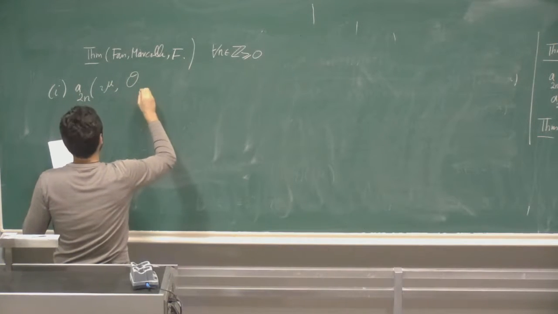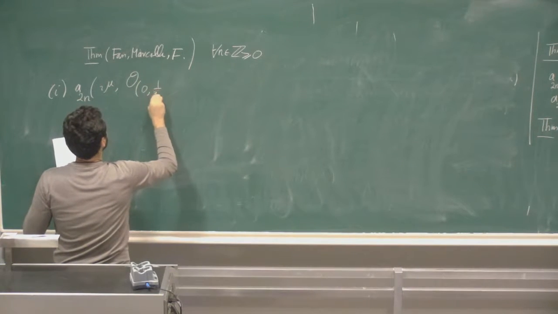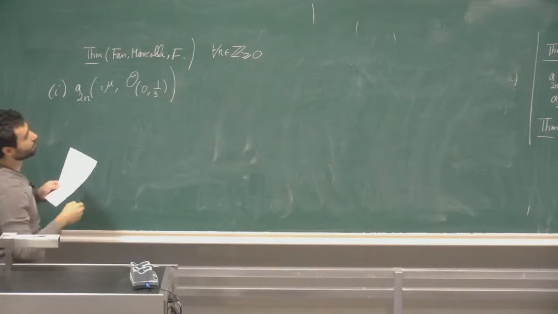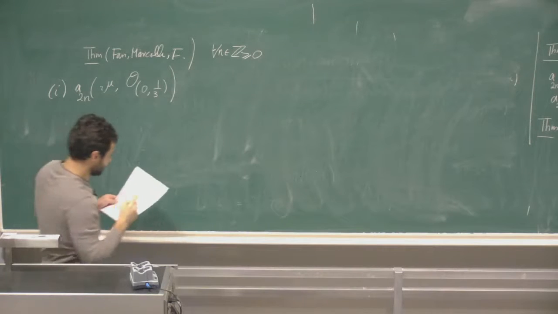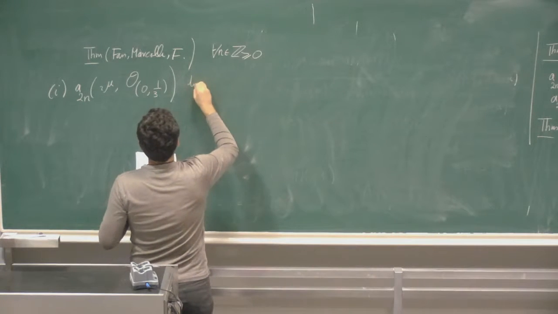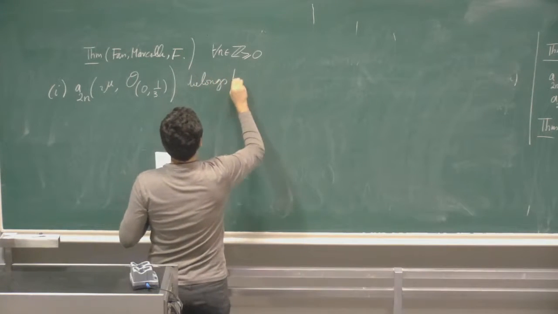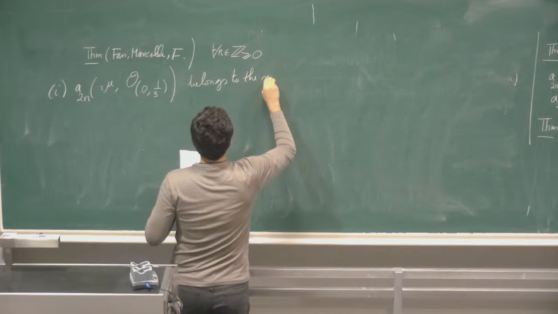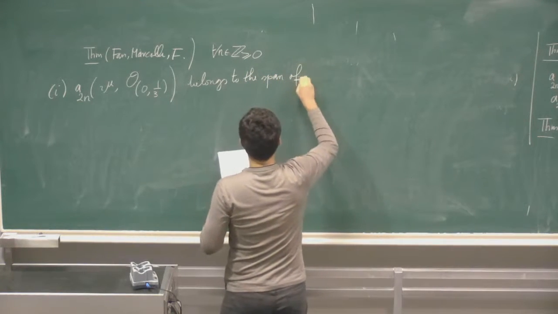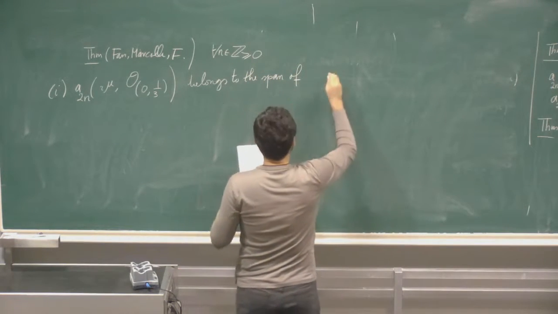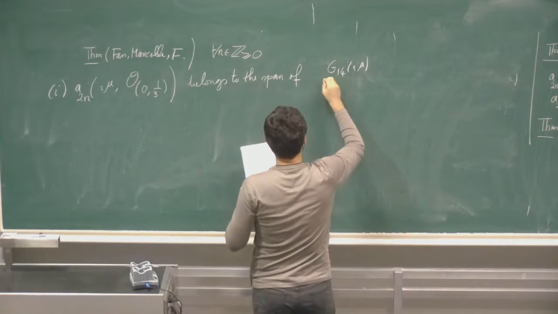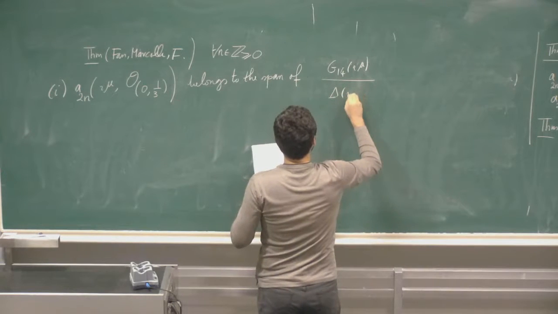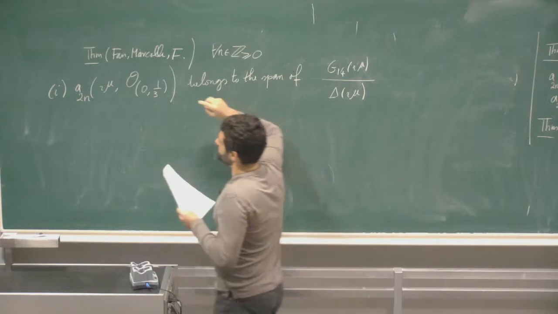One example is the orbit from the pair P equal to 0 and Q equal to 1/3. This belongs to the span of G4 of i mu divided by the delta of i mu, and this orbit has 24 points.